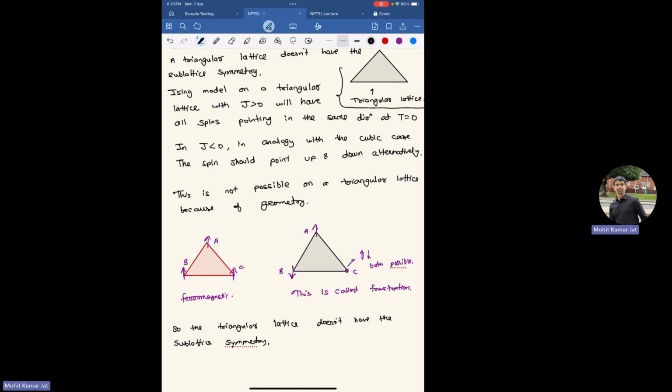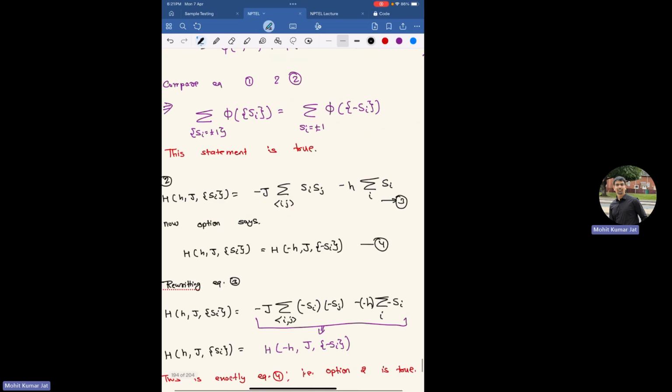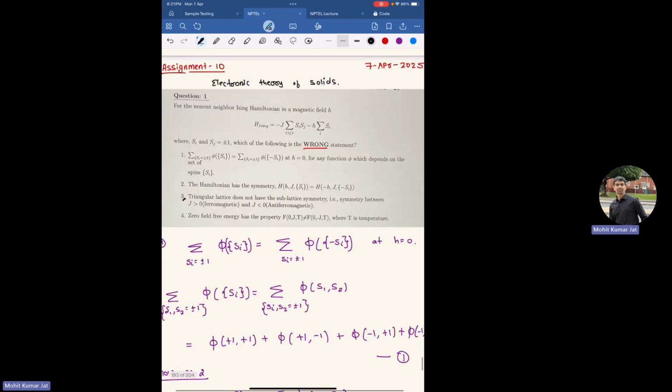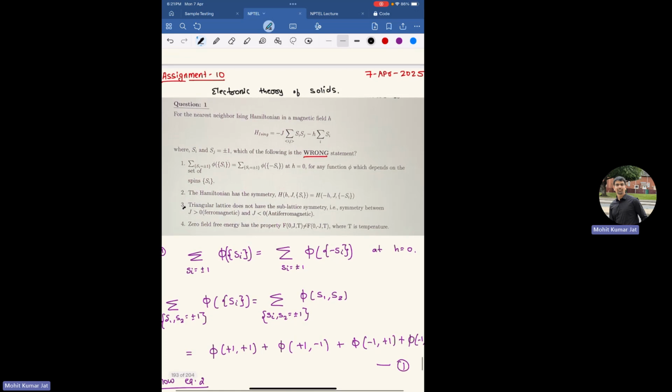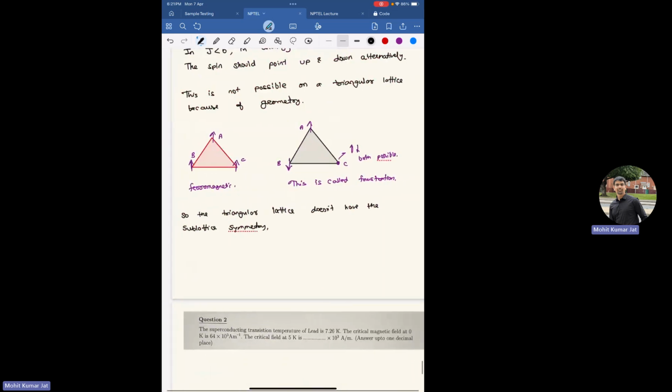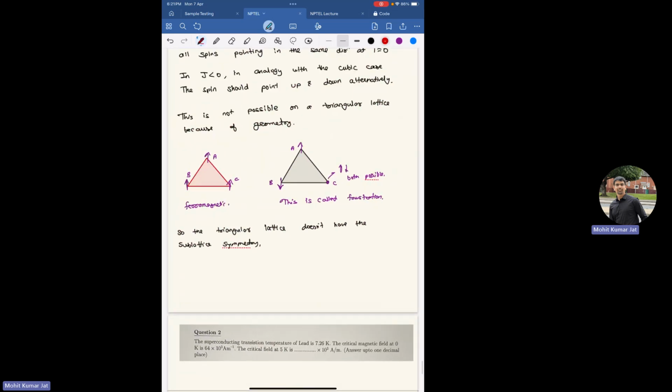Okay, so this is also true, because that's what the statement says: that the triangular lattice doesn't have the sublattice symmetry, that is, symmetry between J greater than 0 and J less than 0. It doesn't have it. This means option number 3 is also true.